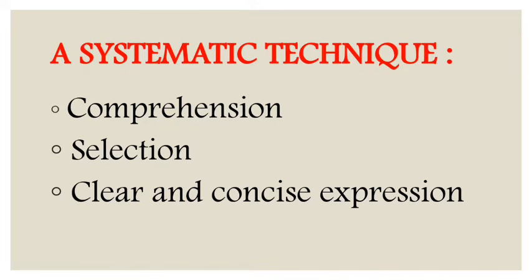While writing a substance, omission of irrelevant details and selection of important pieces of information is the principle at work. It is a systematic technique to give a gist of significant details clearly and accurately. It is a skill, and it can be developed through practice.